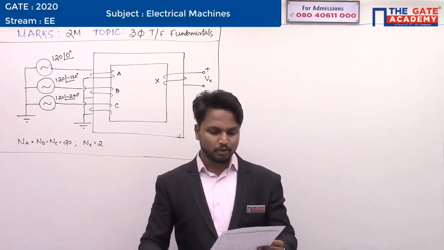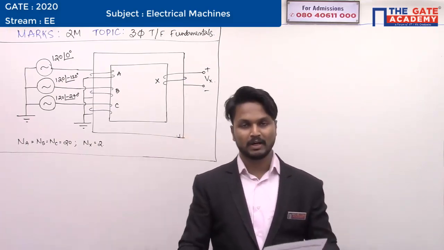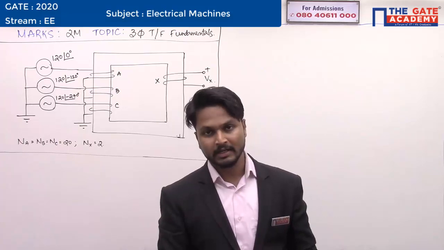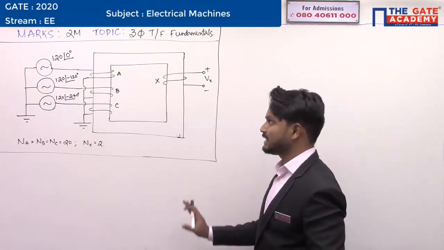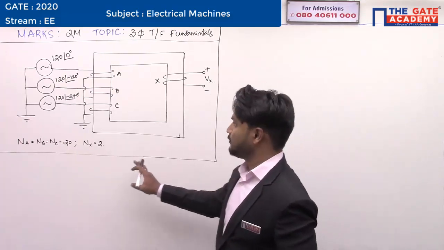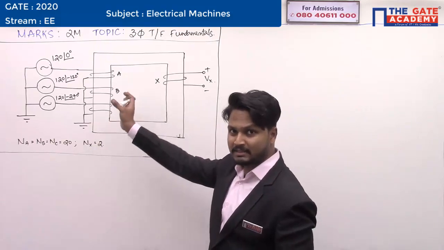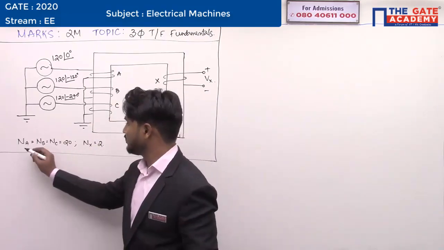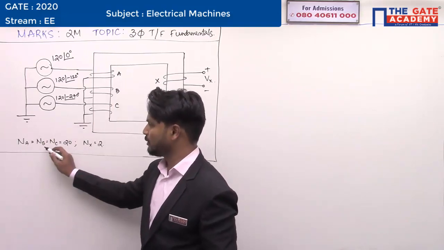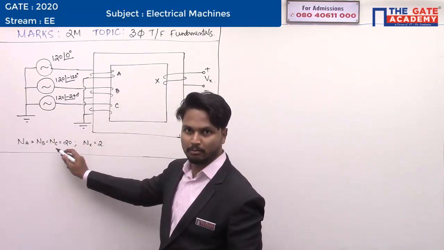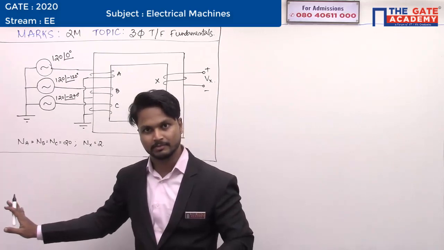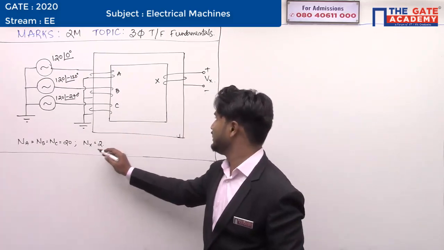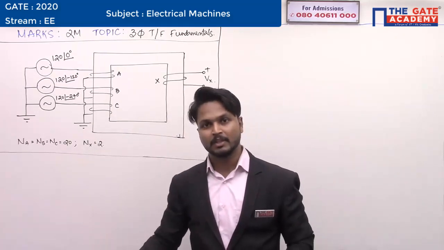The RMS value of open circuit voltage induced in the winding X is dash volts. So basically the question is like this. See, in this kind of configuration, the winding senses are indicated. The number of turns in winding A is equal to the number of turns in winding B, is equal to the number of turns in winding C, is equal to 20 turns. Number of turns in winding X is equal to 2 turns.